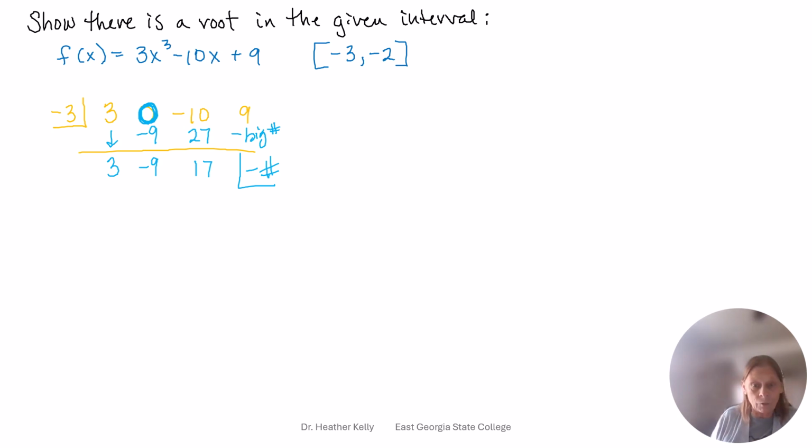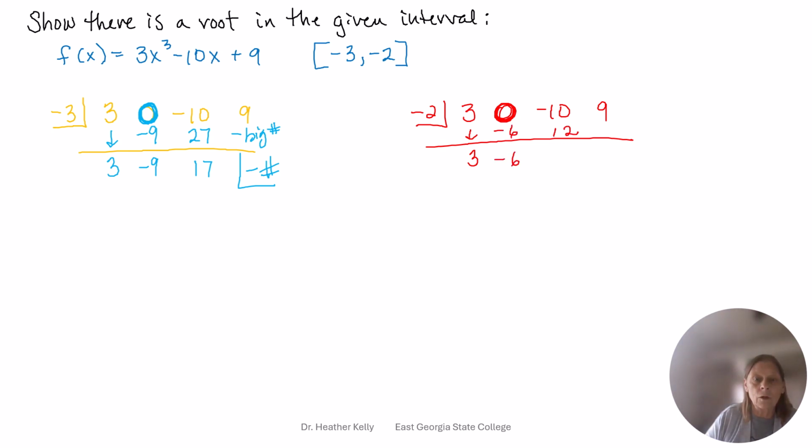Now I'm going to check with our -2. So if I've got -2 here, we have 3. We still have that placeholder of 0, -10, and 9. Bringing down the 3, we have -6, then positive 12, gives us 2, gives us -4.